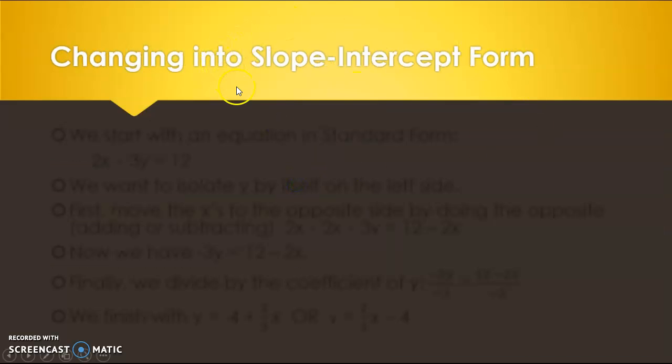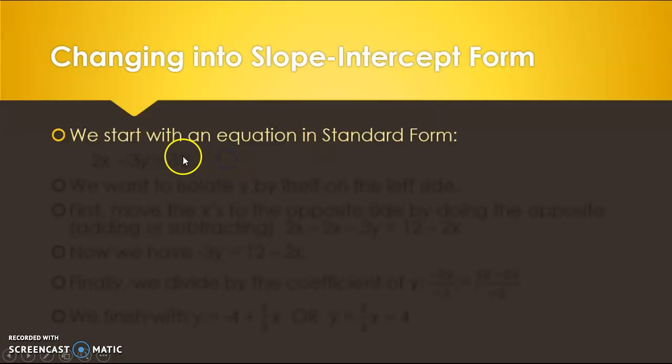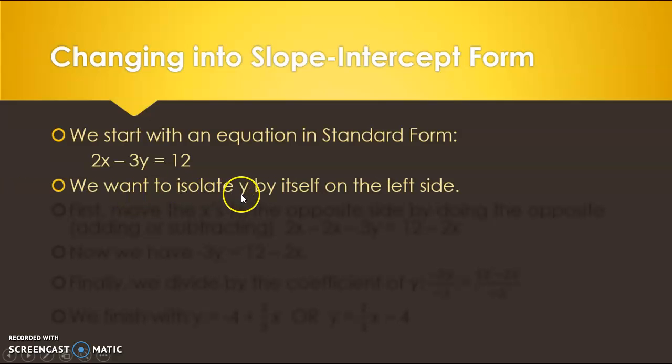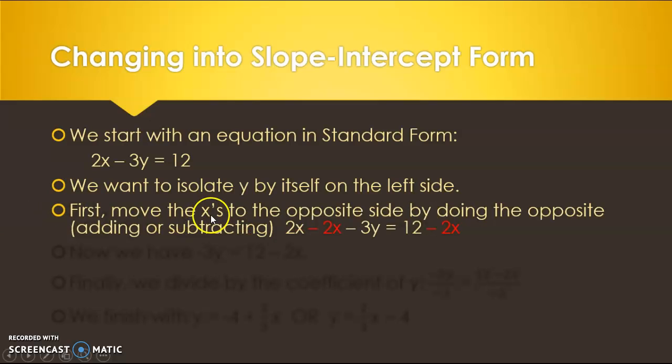Now, changing standard form into slope-intercept form, okay, so that we can graph it on the majority of calculators we have these days. So we start with an equation in standard form. We'll go with the same one yet again, surprise, surprise. Now, next what we want to do is we want to isolate y by itself on the left side. Once y is by itself, we are able to get mx plus b on the other side. So first, we move the x's to the opposite side by doing the opposite.